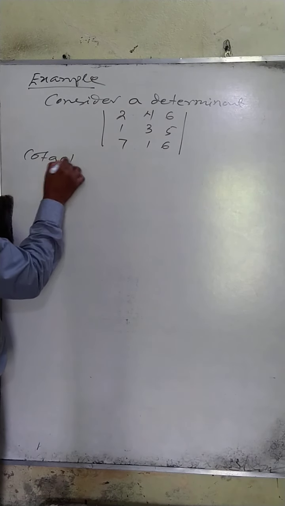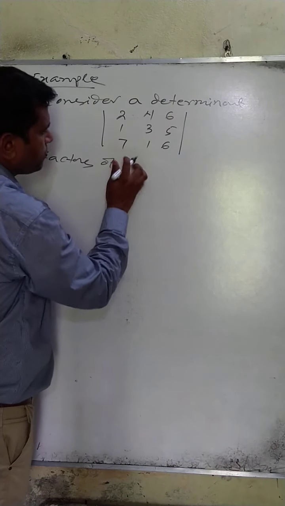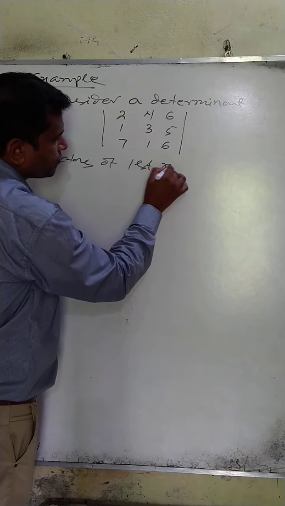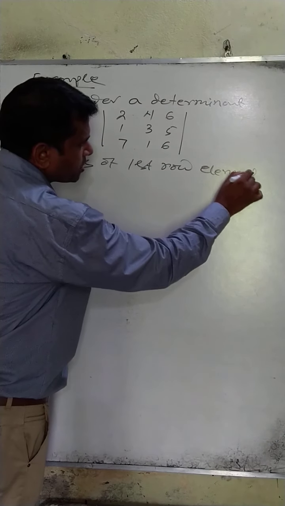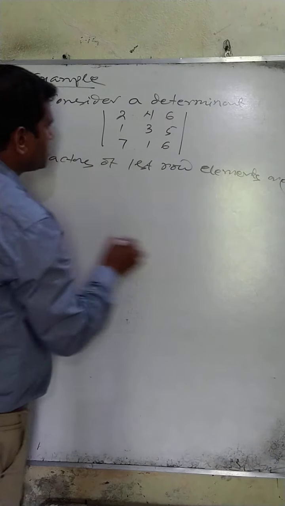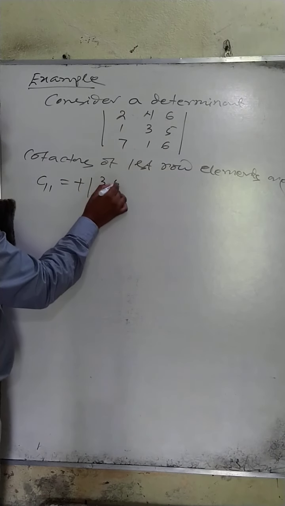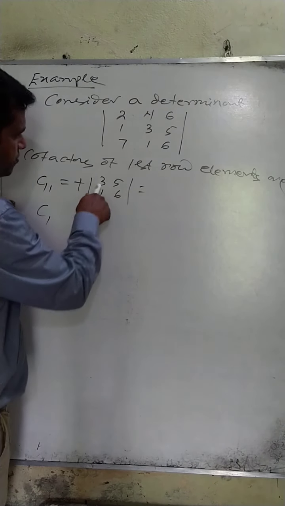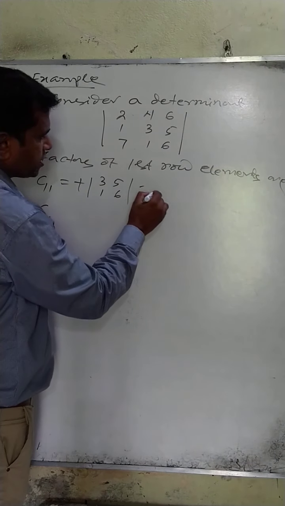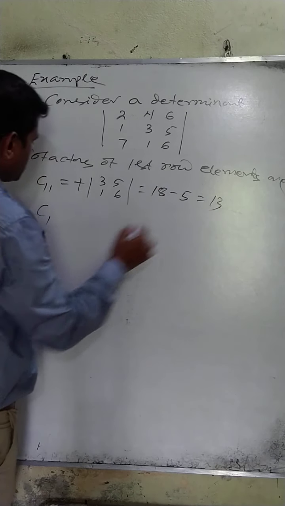Cofactors of elements of first row are C11, that equals plus of the determinant 3 5, 1 6, that equals 18 minus 5, 13.